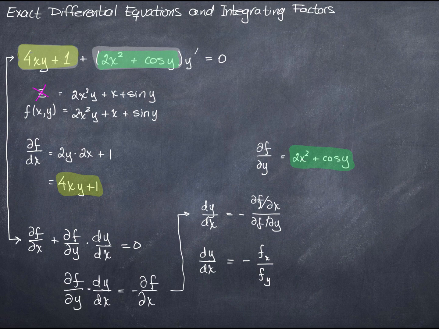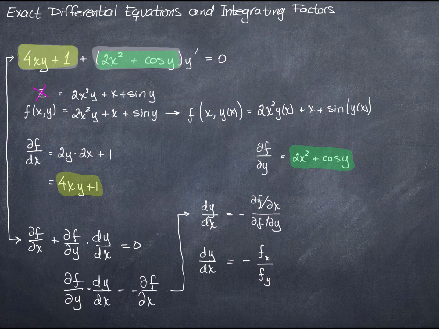So I could write this as f of x comma y of x equals 2x squared y of x, that's a function, plus x, plus the sine of the function y of x, right? And that's important because when we get down here, we're talking about the derivative of the function y with respect to x. We can only do that because y is a function of x.